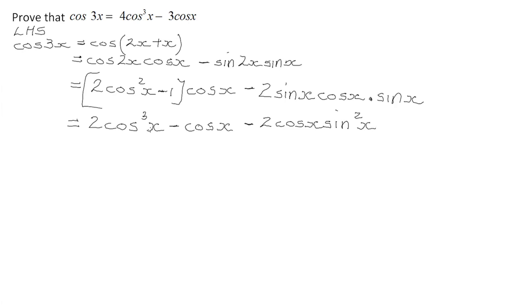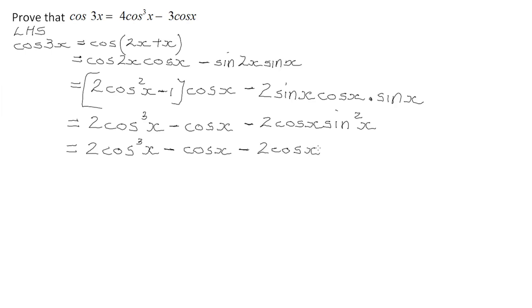Can you see we already get to cos cube? We already get to cos cube. So we are moving towards the right-hand side. The next step here is cos 2x. We're going to now express that squared identity equivalent in terms of cos. 2 cos cube x minus cos x minus 2 cos x.